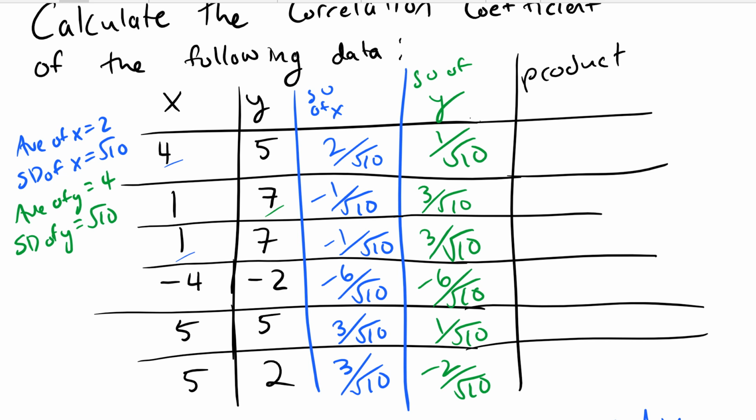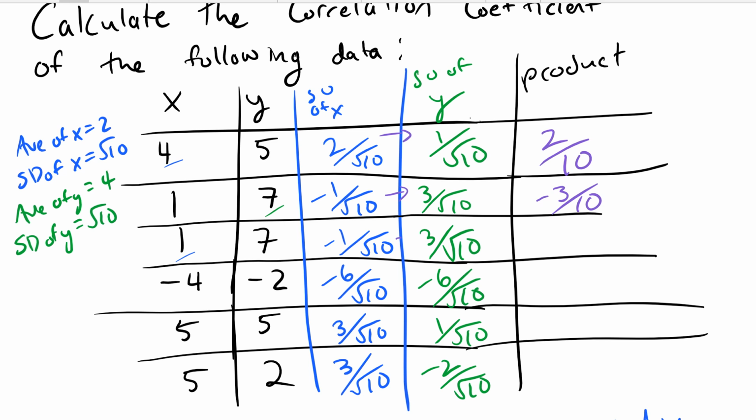Then we find the product of the standard units by multiplying across. So this gets multiplied by this. So the product means multiply. When we multiply, we get 2 over 10. Now we look at the next row. Negative 1 times 3 over root 10 times root 10 is negative 3 over 10.